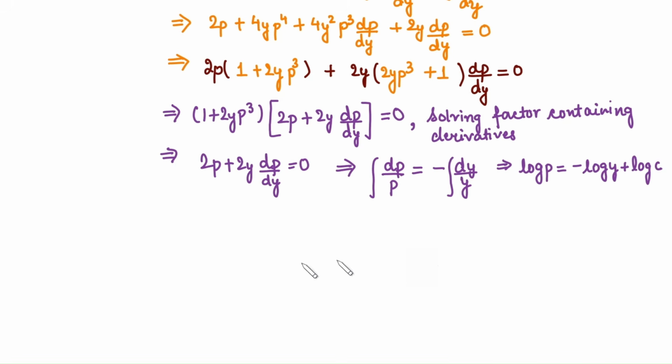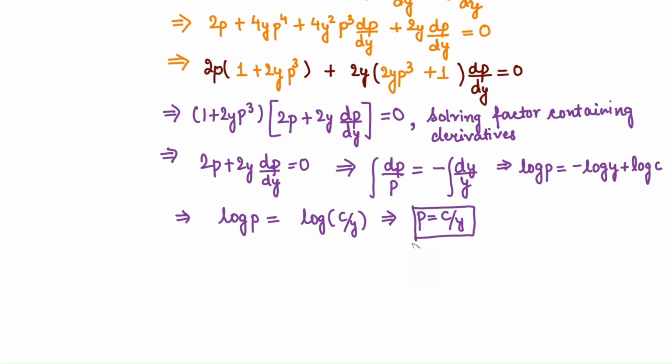We can club these terms and this is equal to log of p is equal to log of c by y. This is further written, after taking anti-log, as p is equal to c by y. This results in the value of p explicitly in terms of y. So this is the case 2 where we are getting the value of p in terms of y.